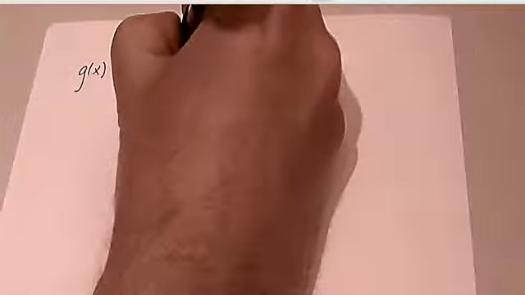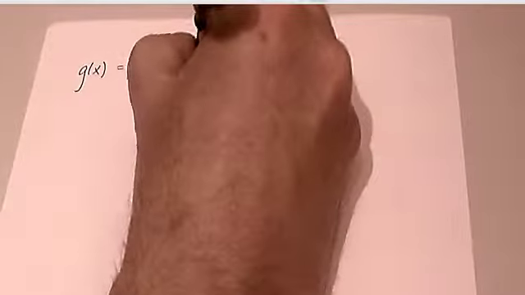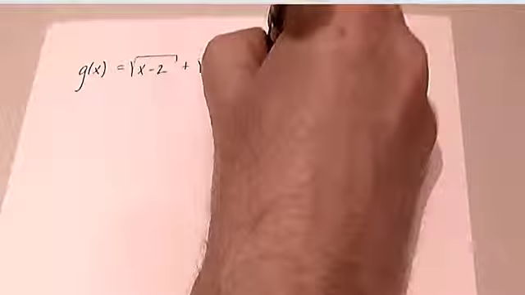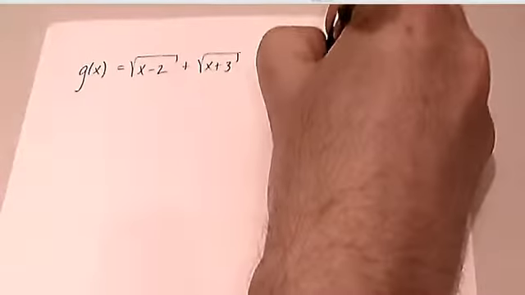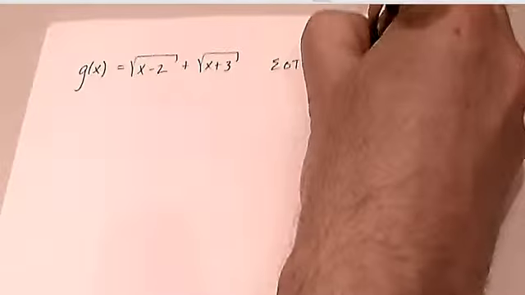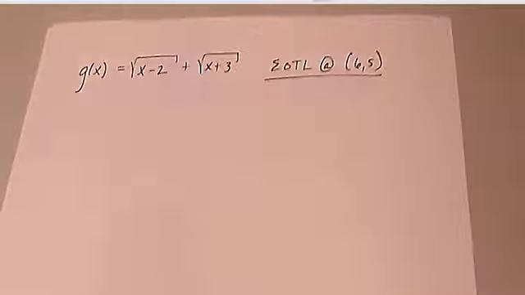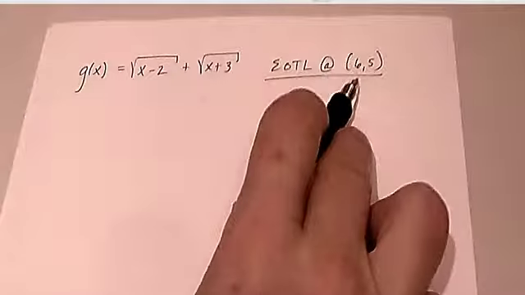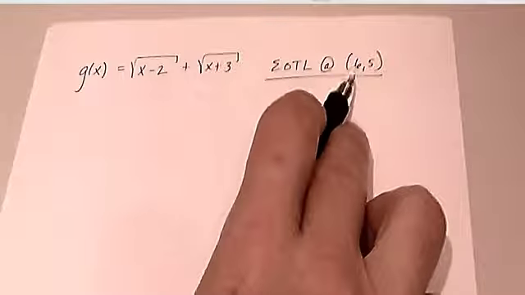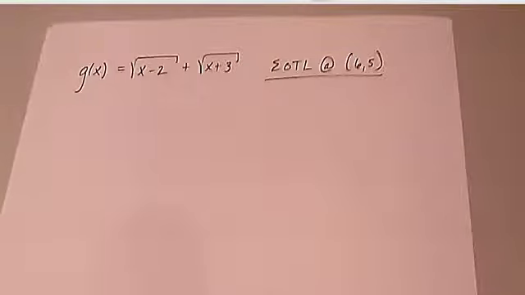Okay. Now let's do a tangent line problem. So let's say we have g of x is equal to radical x minus 2 plus radical x plus 3, and I want the equation of the tangent line at 6, 5. Okay? Now, of course, I set it up like this so I could have a nice integer ordered pair.